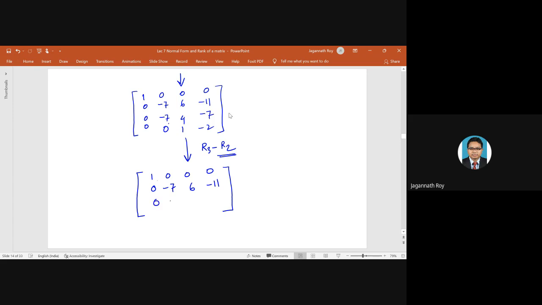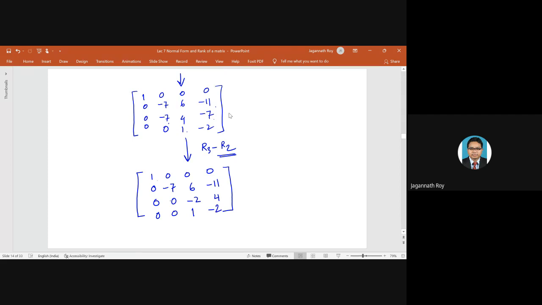So minus 7 of minus 7 becomes 0. So 4 minus 6, so minus 2. And then minus 7 of minus 11, so this becomes plus 4. And then it is 0, 0. 1 is already there, so we are more than happy. And minus 2 is already there.